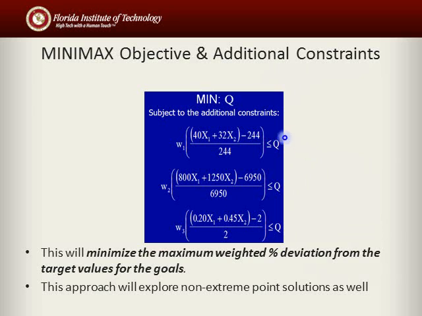The algorithm is going to find optimal solutions in here that's going to minimize those values as well. So we're minimizing the maximum deviation. It's pretty cool. We'll see this in action through an Excel example, or formulation for this. Basically, this approach lets you explore non-extreme point solutions as well. So it's pretty powerful.